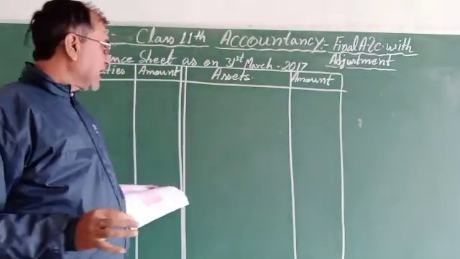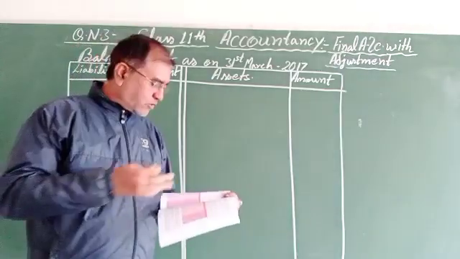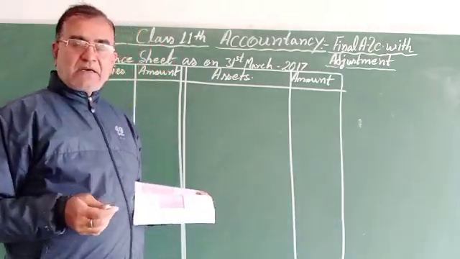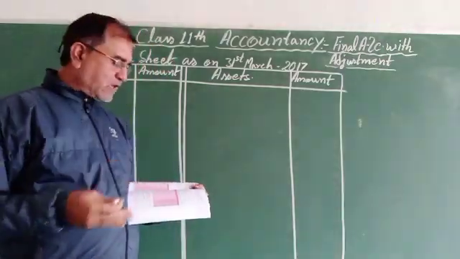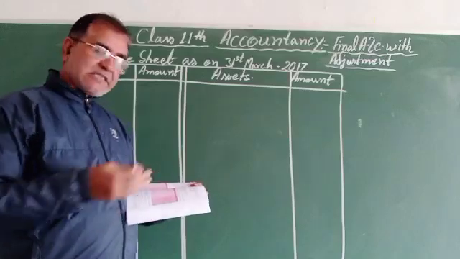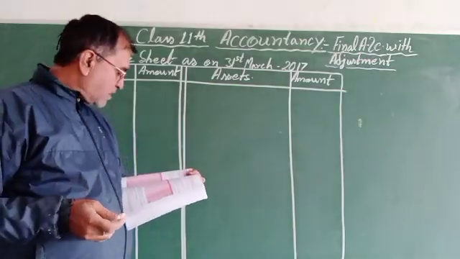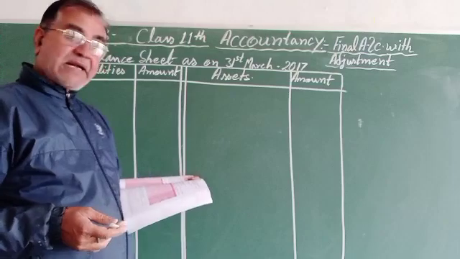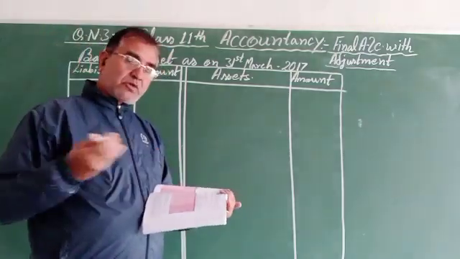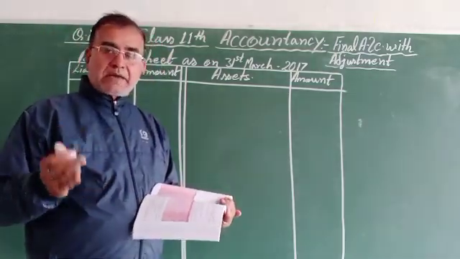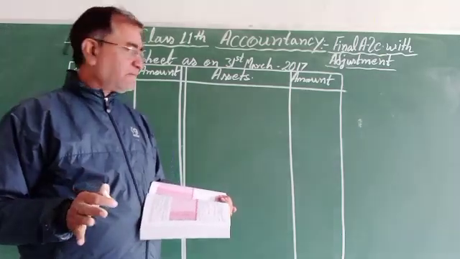Now see, in the liabilities column, first go through the information given in the trial balance, and below the trial balance the adjustments are given. Now go through the credit column. What are the capital and liabilities given?